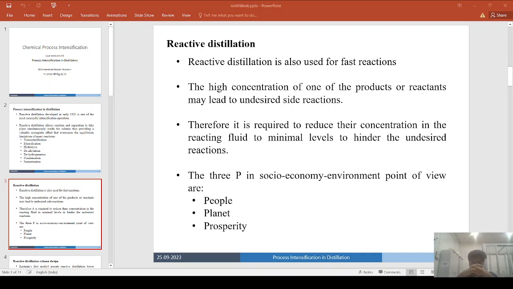So, from the socio-economic environment point of view, what is the socio-economic importance of why reactive distillation should be developed?